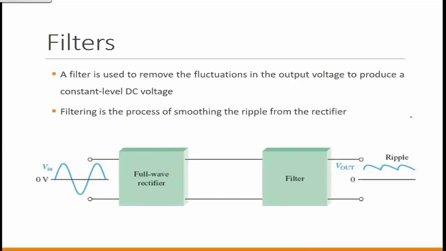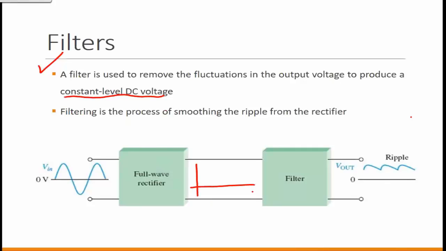So the purpose of the filter is, when a signal, whether it's a half wave or a full wave, passes through a filter, which is used to remove any fluctuations in the output voltage in order to produce a constant level of DC voltage. It's used to smooth. In the example shown, it's a full wave rectifier.